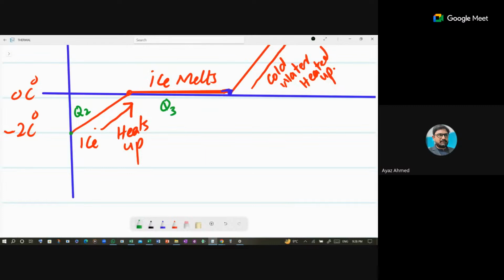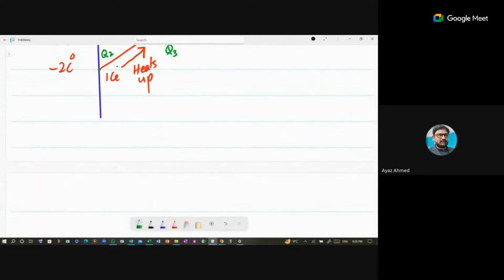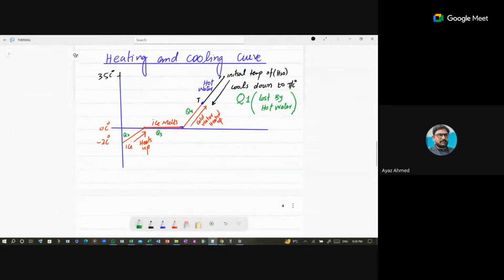This is Q3, heat absorbed by the ice. And this is Q4, it is heat absorbed by the cold water. So I'm going to write this over here because there is no space there. Q1, Q2, Q3, and Q4. These are actually four steps for this question.